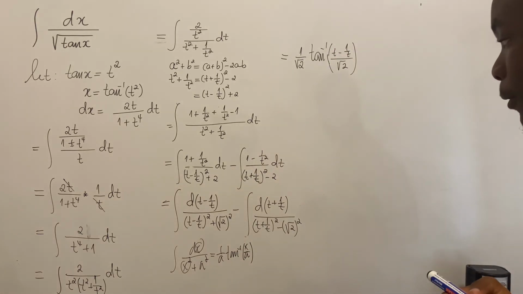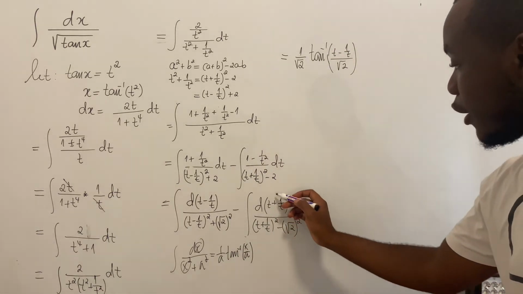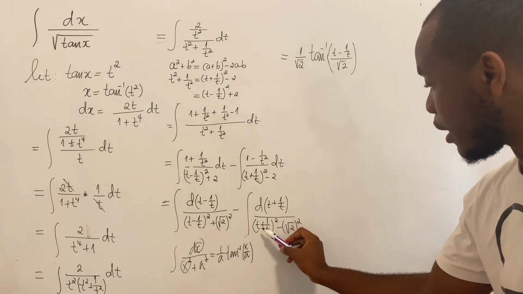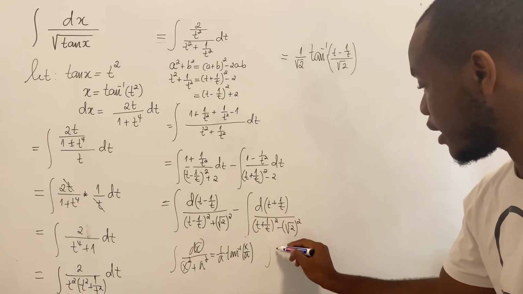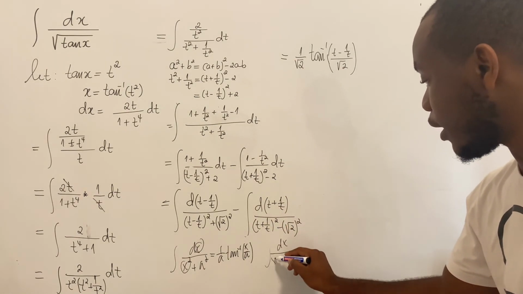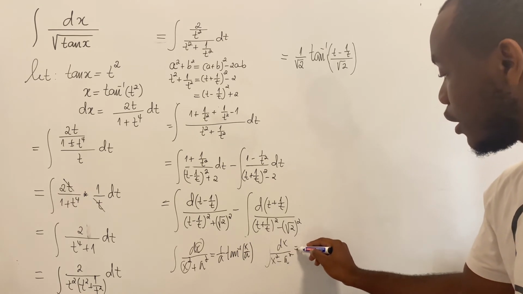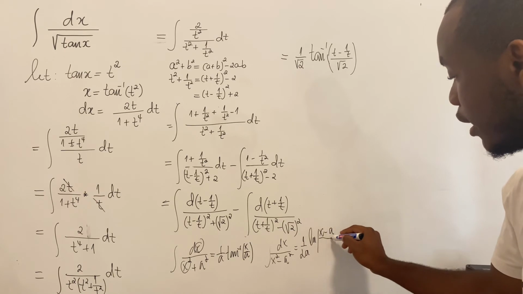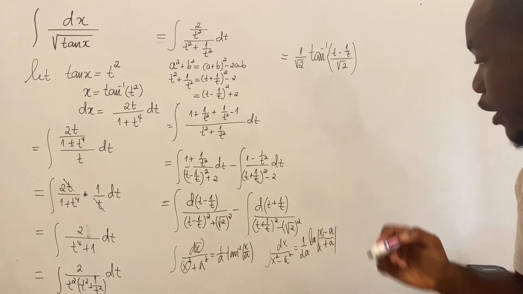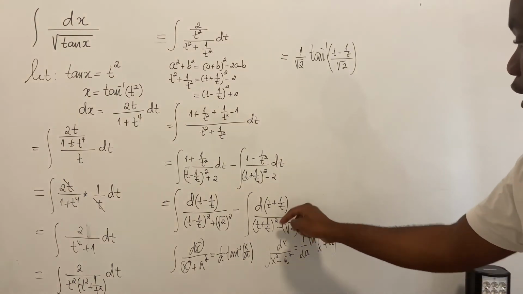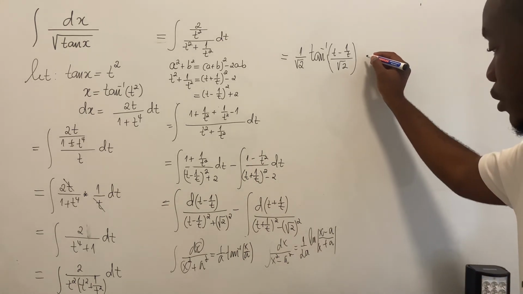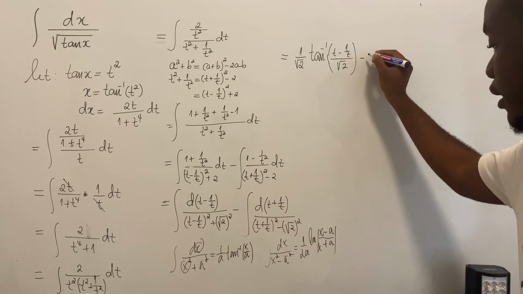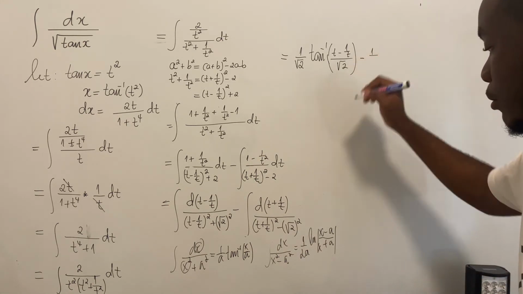Okay, perfect now. Now what about this one? The argument is the same as our argument here. So this reminds us of the integral dx over x squared minus a squared, which is 1 over 2a ln of x minus a over x plus a. Okay, so we can apply this one here also. So that will be minus 1 over 2a. What is our a?